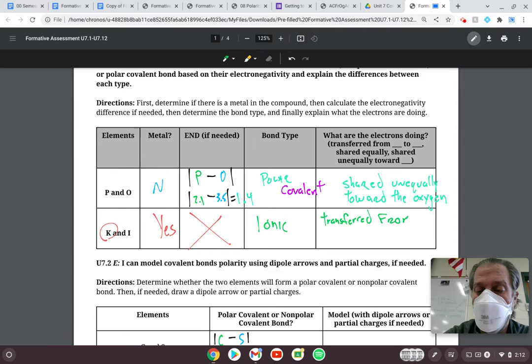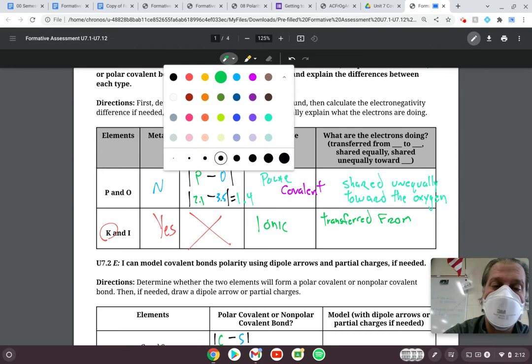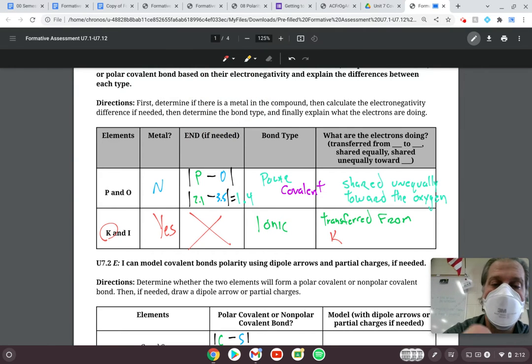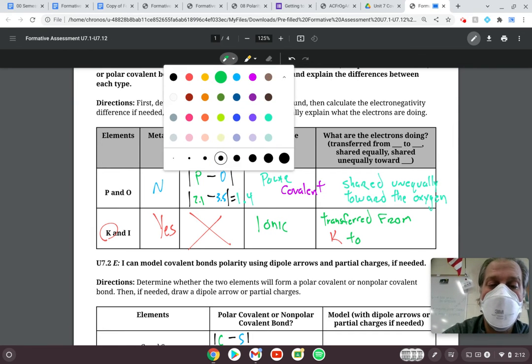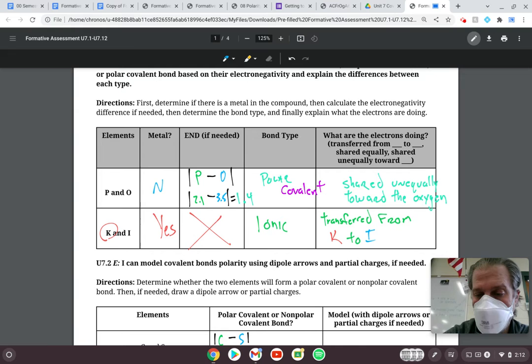In this case, it's going to be from potassium, the metal, to iodine, the nonmetal. So you need both of those components to get full credit for this tomorrow.